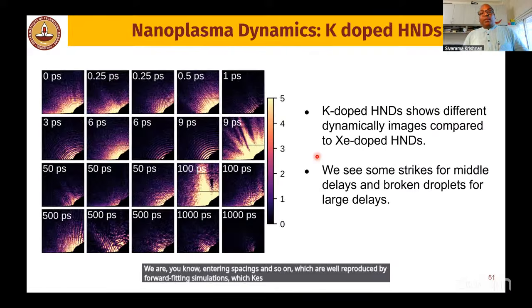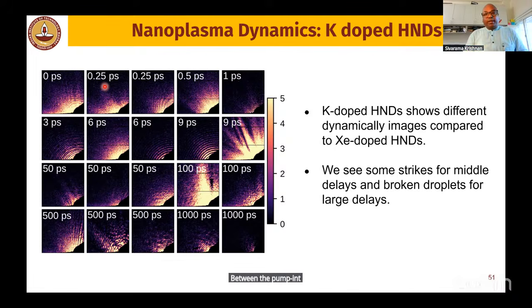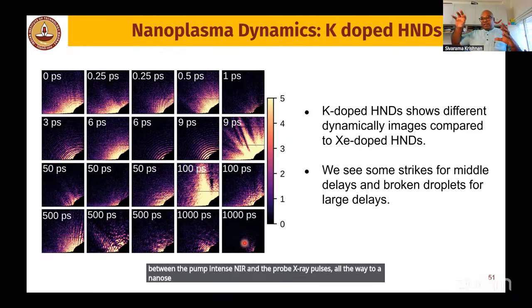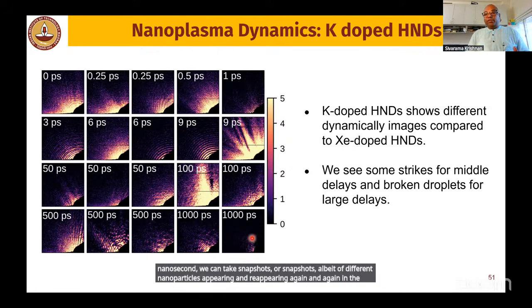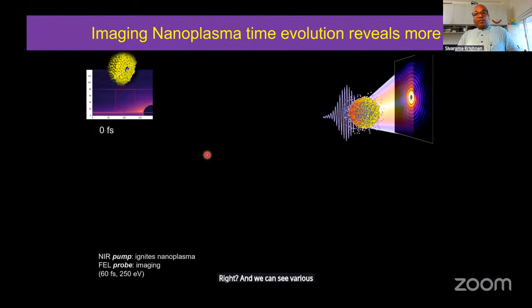which Keshav has done. But then for the nanoplasmas themselves, all the way from a delay of nearly 0 or 0.25 picoseconds between the pump intense NIR and the probe X-ray pulses, all the way to a nanosecond, we can take snapshots, albeit of different nanoparticles appearing and reappearing again and again in the jet through the free flow, right? And we can see various nanoplasma structures coming.